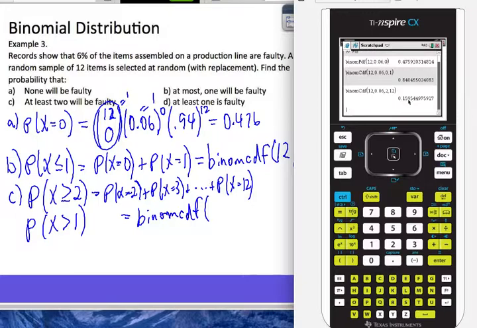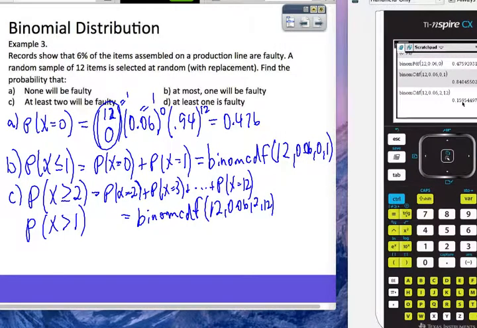And we go, okay. And there it is, 0.1595. So again, you notice the calculator shows that this is your entry, 0.06, comma 2, comma 12. And that answer is 0.160 to 3 significant figures.